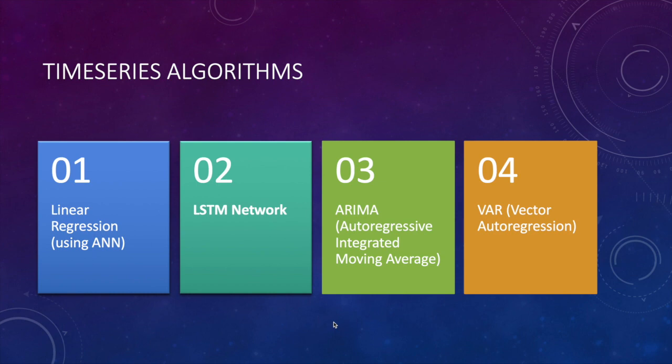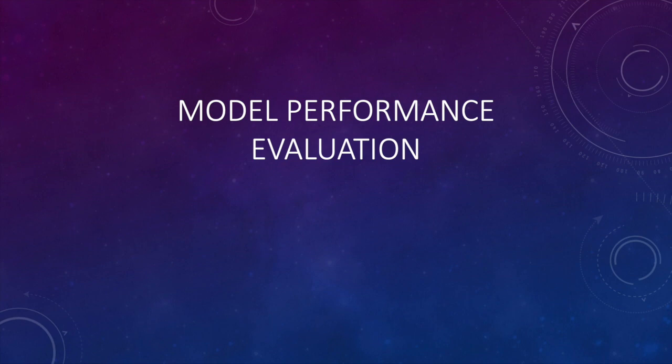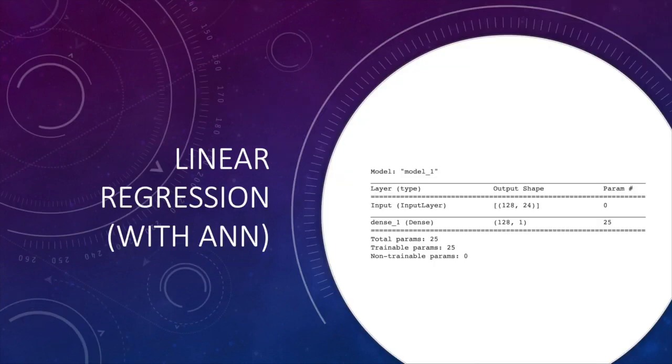In this project, I will use both linear regression using artificial neural network and LSTM. In the following slides, I will describe the architecture of linear regression model using artificial neural network and LSTM and their training parameters. We can then visually compare their performance.